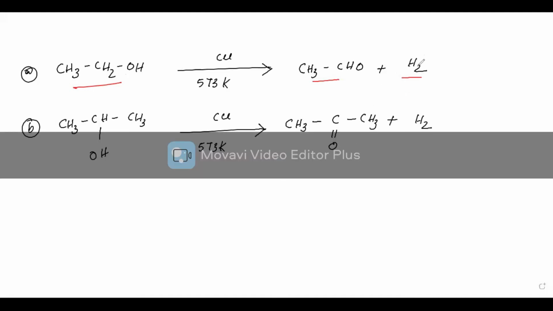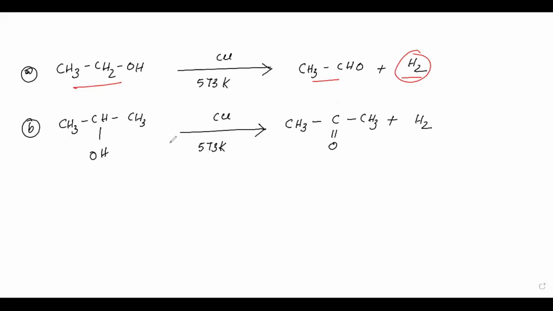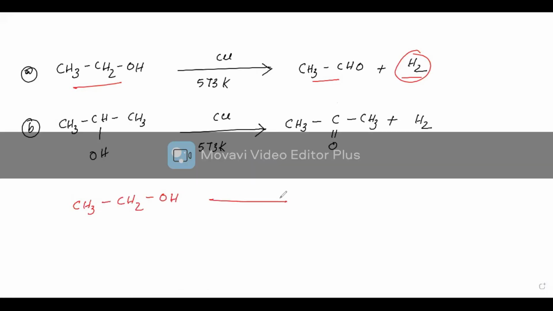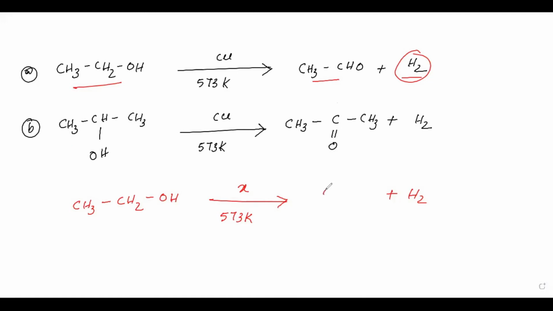Here, usually the byproduct is not important, but in this case the byproduct is important because the question may be like this: CH3CH2OH, at 573 Kelvin, gives X plus Y. What is X and Y?